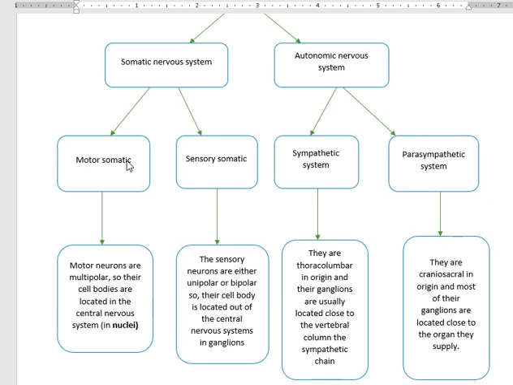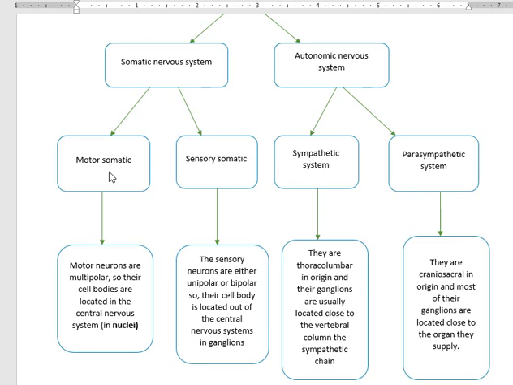Motor somatic system: we need to note that the characteristic of motor neurons is that they are multipolar. Multipolar neurons have their cell body at one point, they have their axon and they have their dendrites.